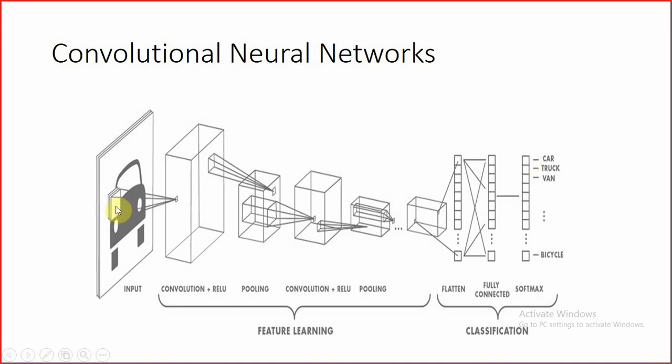So this image will be given to the system, and then the neurons for car, truck, van, bicycle and other types each give us one value. By softmax we select the biggest value and consider this image as belonging to that category.